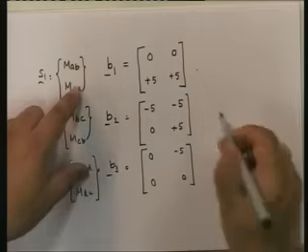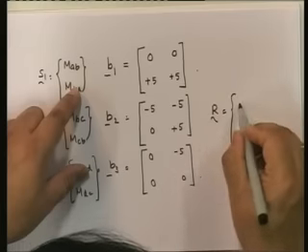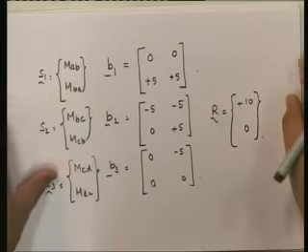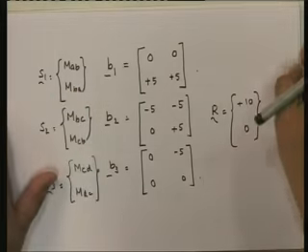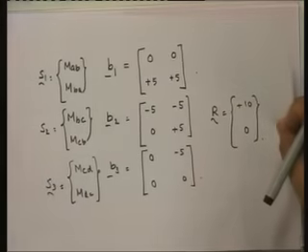What is my R? I have already given my R. R is equal to plus 10, 0. So I can find out my S_I very easily. That's the first step: find out the member end moments.